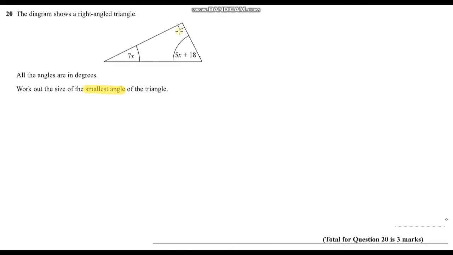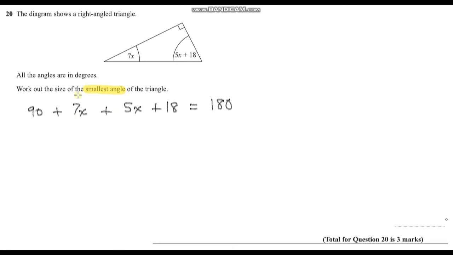So I know that this angle is 90. So we're going to have 90 plus this angle. Well, we don't know what that angle is, but we know that the expression for that angle is just 7x. Plus this angle, which is 5x plus 18. So when we add all of these angles together, that should come to 180 degrees.